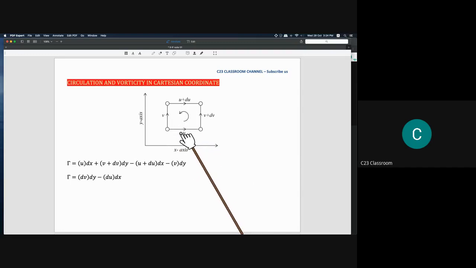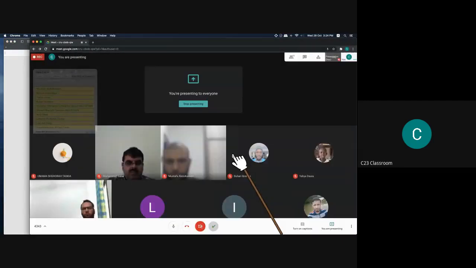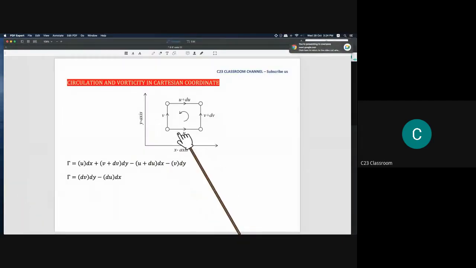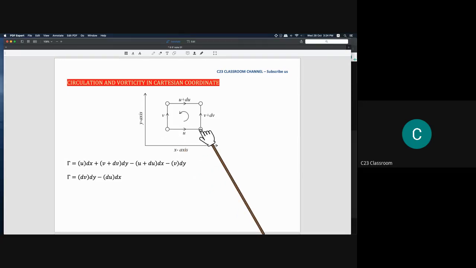The idea of circulation is we multiply the velocity u with the length. Actually it is not a length; in some textbooks they describe it as multiplying with the length and width of the path. To make it simple, we assume that the width of this path is equal to 1. So the area is dy times 1.